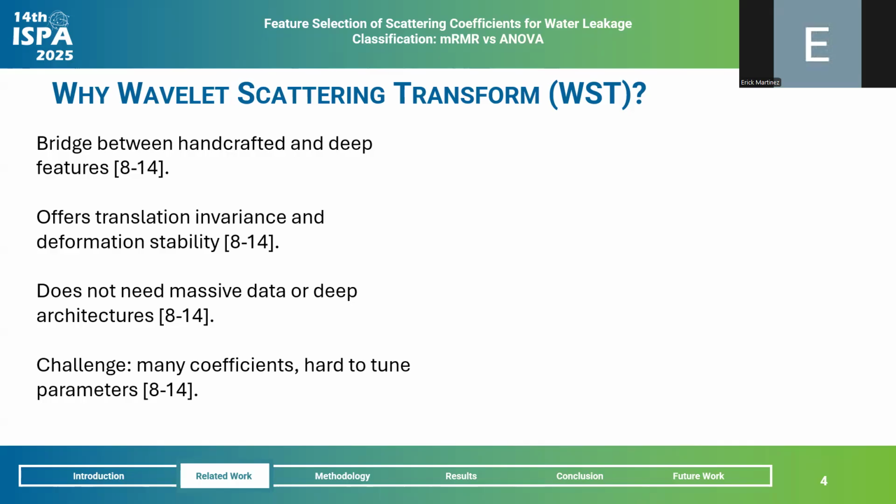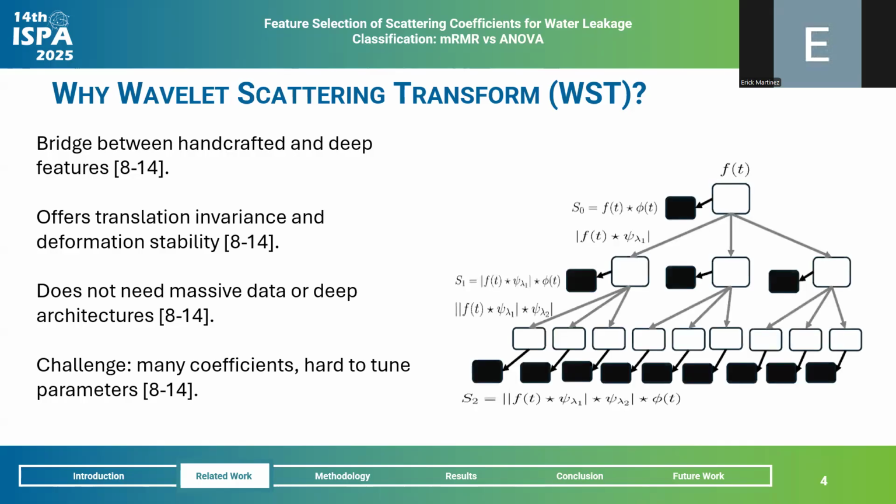However, one of the concerns of the scattering transform is that it can produce many coefficients, and also selecting its parameters can be challenging. Here in this figure, you can see the overall architecture of the scattering transform. Basically, it's a cascade of convolutions with wavelets. These are modeled wavelets that basically decompose the energy of the signal, of the function that we want to analyze, in different frequency bands.